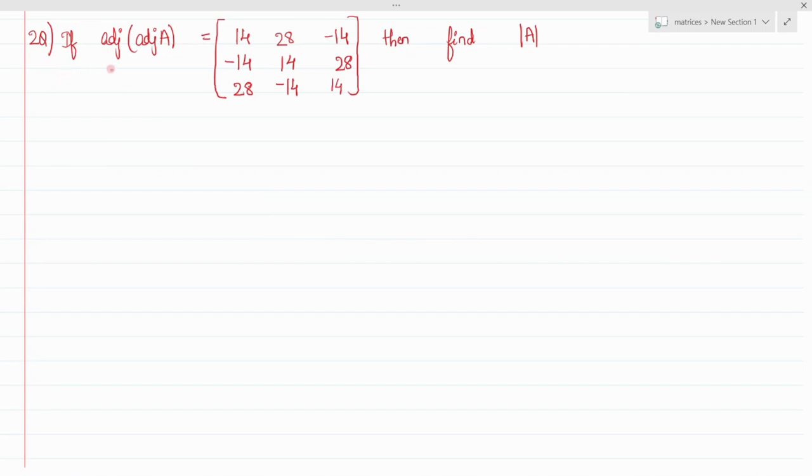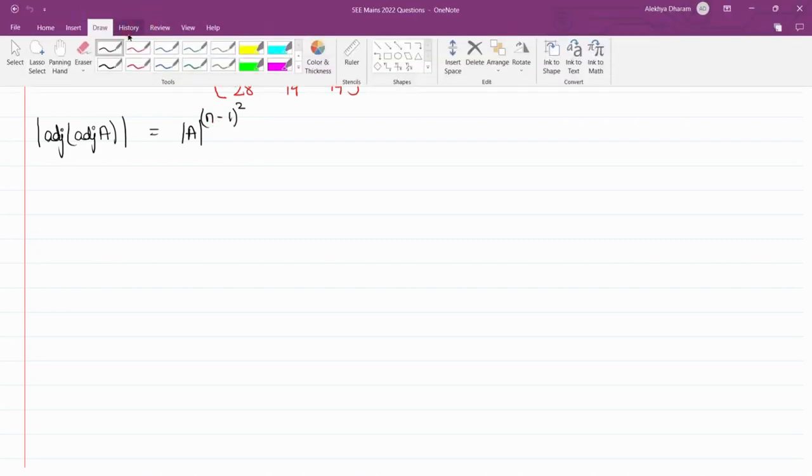In this question, a condition is given, that is adjoint of adjoint A in the form of a matrix, and we need to find the determinant of A. So again, for the adjoint concept, we're going to use the property that determinant of adjoint A is determinant of A whole power n minus 1, where n is the order of the matrix.